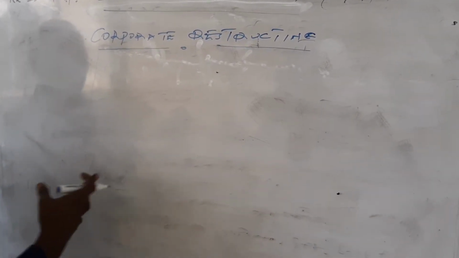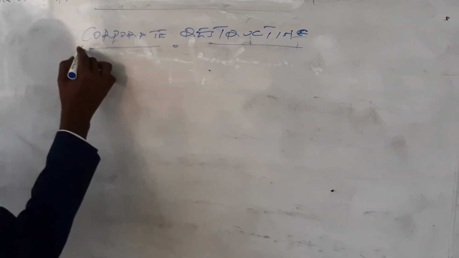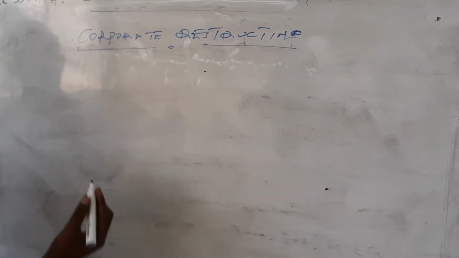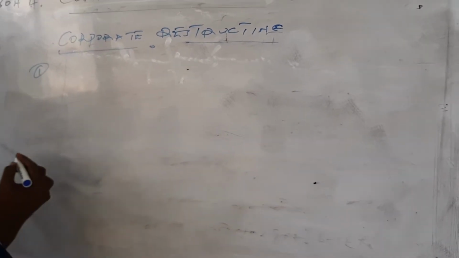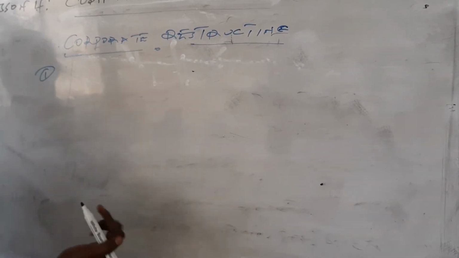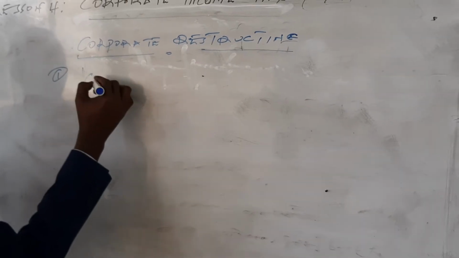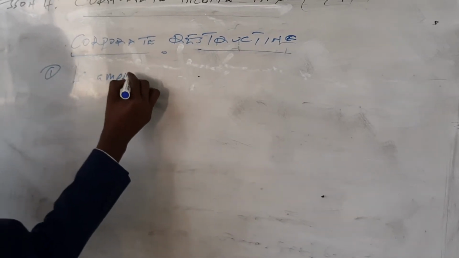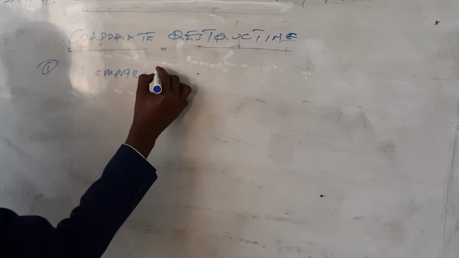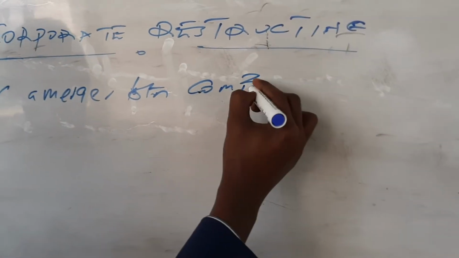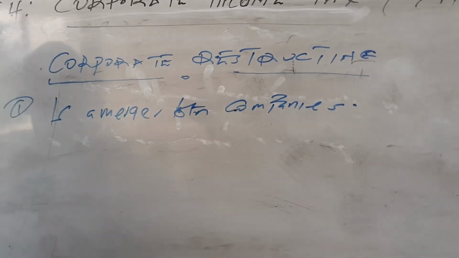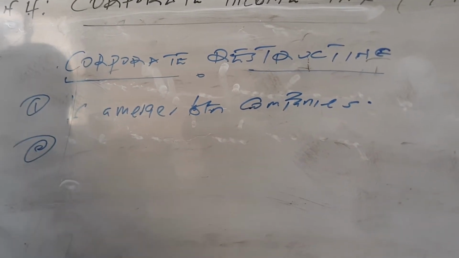It has different explanations. Number one, corporate restructuring can happen when two companies have merged together. That is a merger between companies.